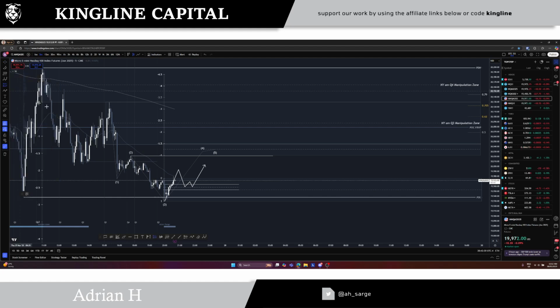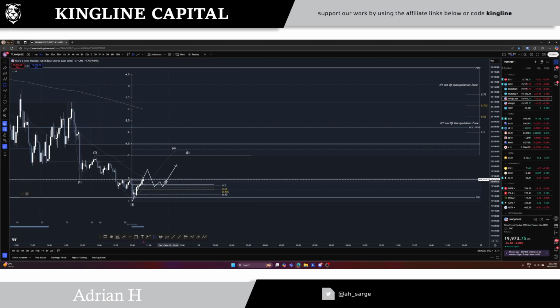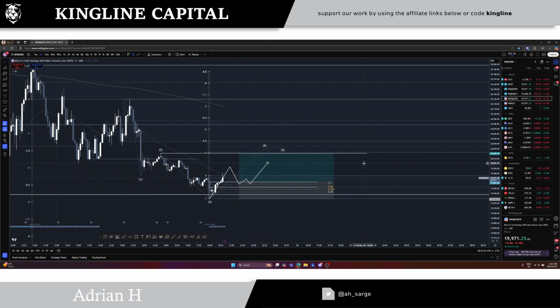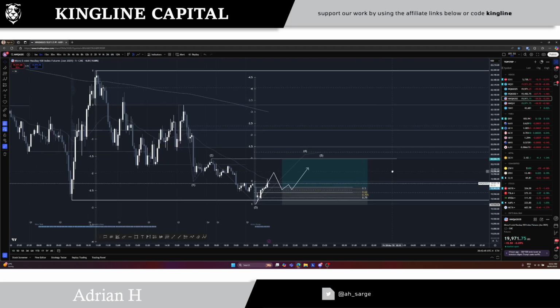Where am I? Long tool. Candle close up. Oh, we do our fib. OTE. Long from there. Not quite 2 to 1.